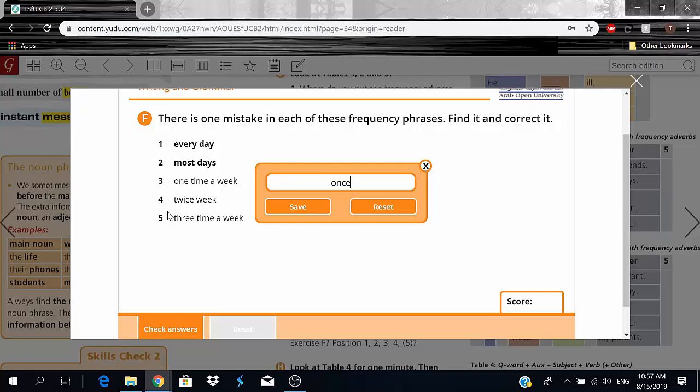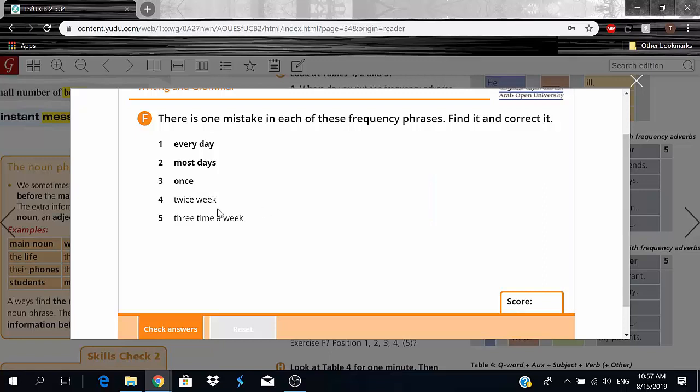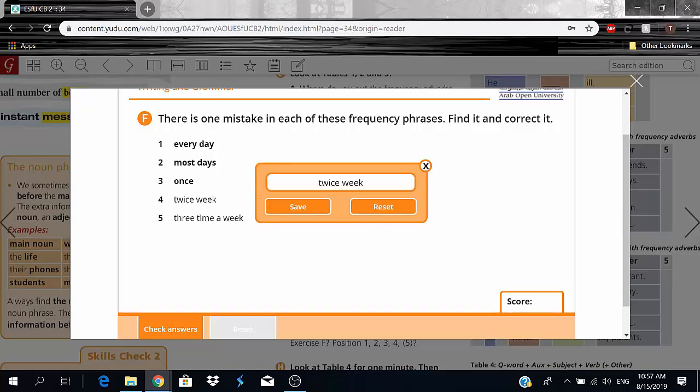Because it's just a fixed phrase, talking about doing something once. So once. Number 4, twice a week. I'm going to add an A here, so twice a week, because also it's a fixed phrase, you guys.